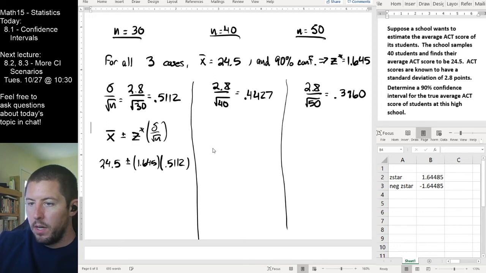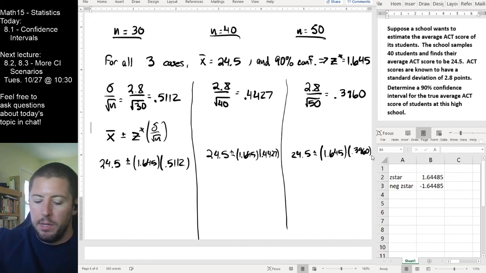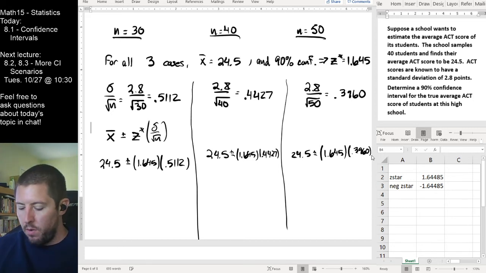Over here, 24.5 plus or minus 1.645 times 0.4427, the one we already did. And 24.5 plus or minus 1.645 times 0.3960.